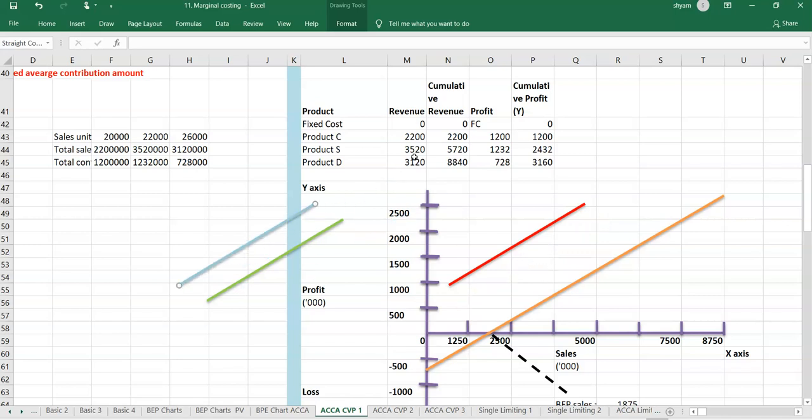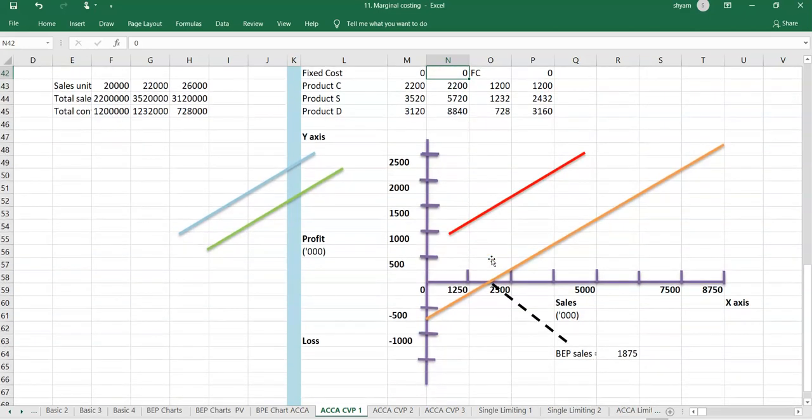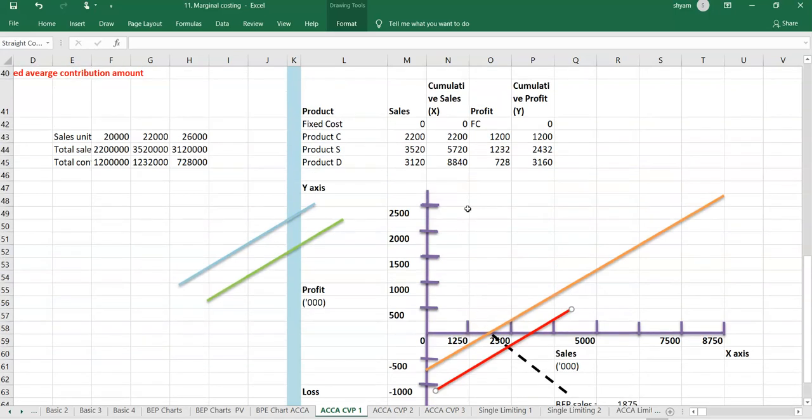So we'll start here. The first number would be the revenue, or sales. If you want, you can also take it as sales. So when sales is 0, the fixed cost, I think we have missed fixed cost.